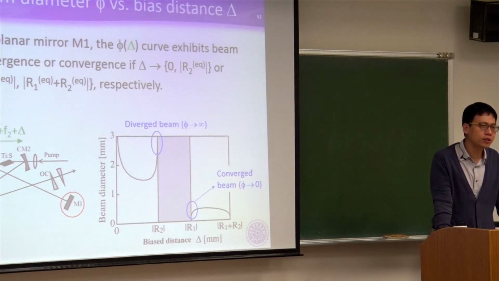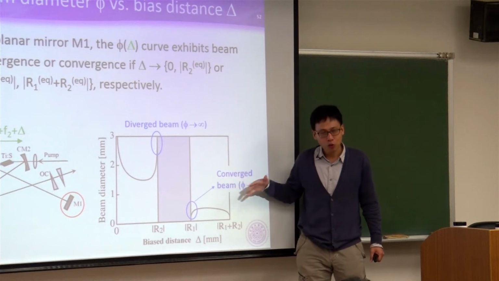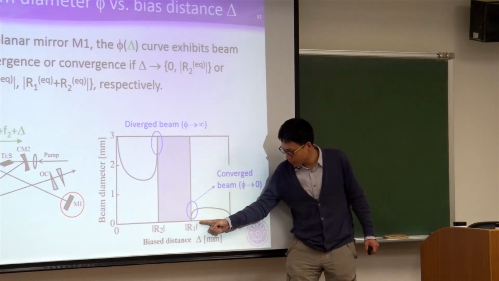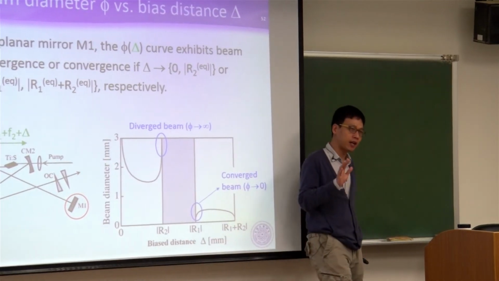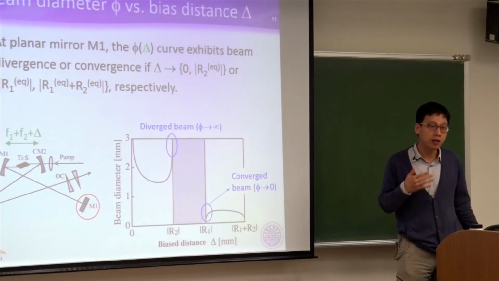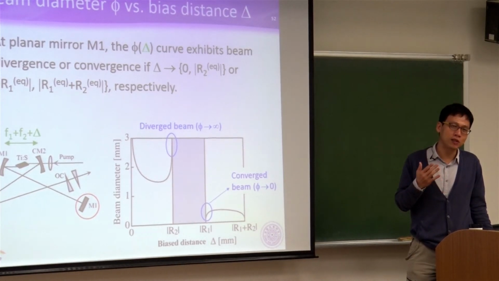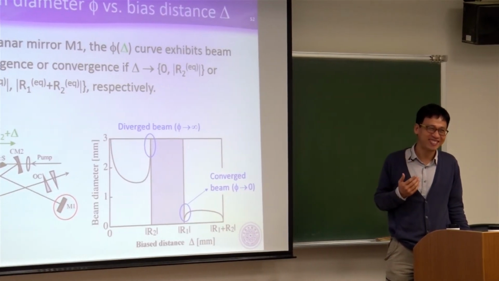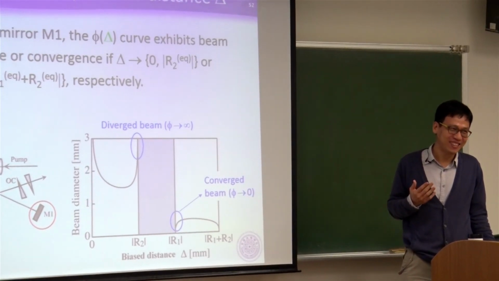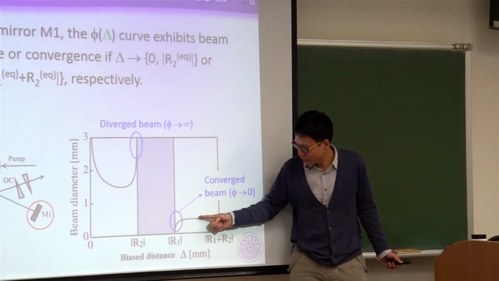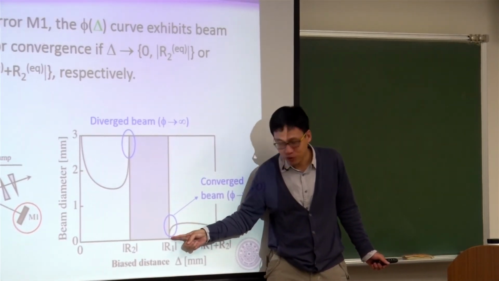Okay, without doing any mathematics, let's think about which position, any point here, any point here is acceptable. You can have a stable cavity. But in terms of pulse generation, where could be the optimal position? Just a guess. For example, here, or close to the boundary here.